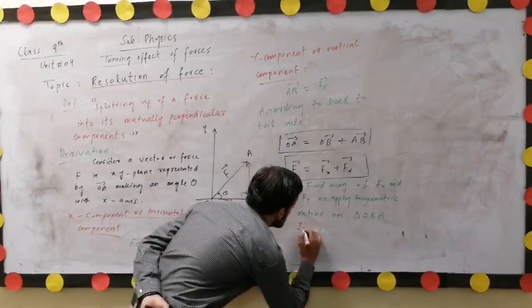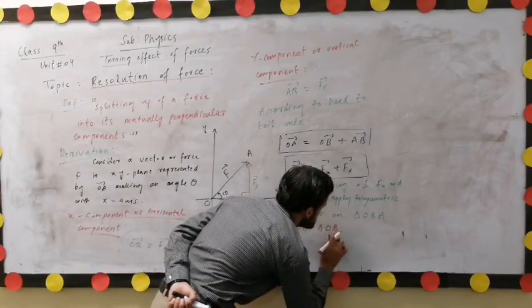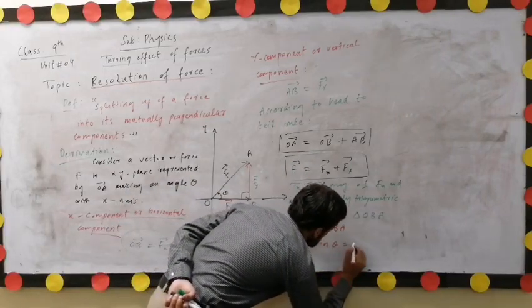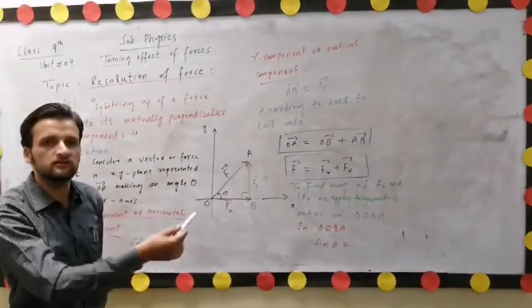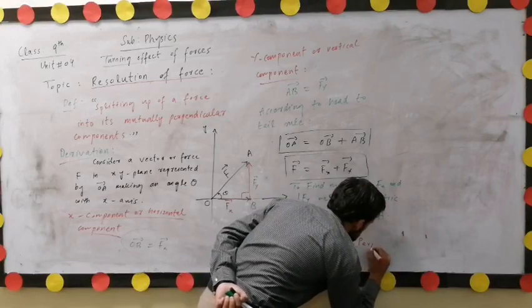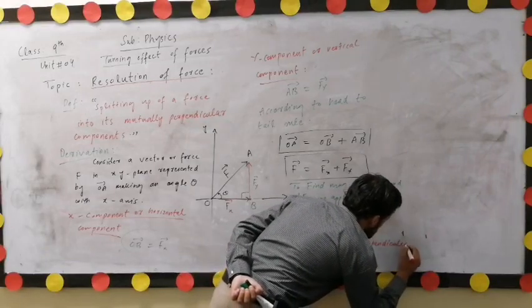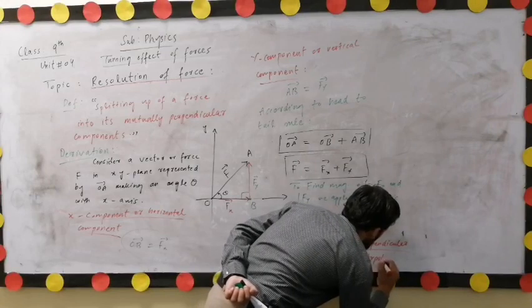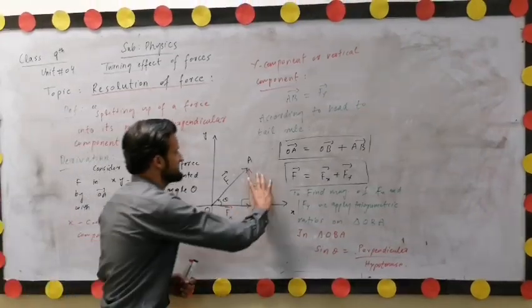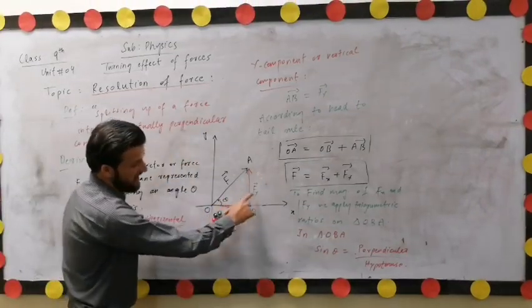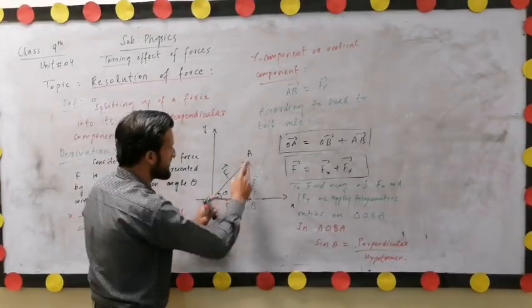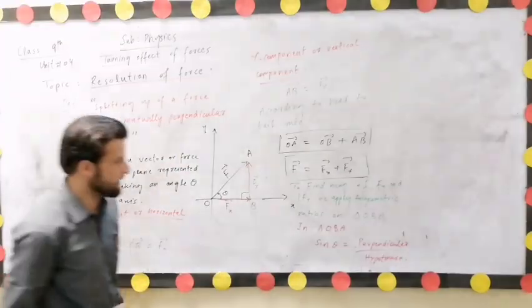In triangle OBA, we apply sine theta. Sine theta is perpendicular over hypotenuse. Here our perpendicular is opposite to the angle theta, and the hypotenuse is opposite to the right angle. So OA is our hypotenuse and AB is our perpendicular.